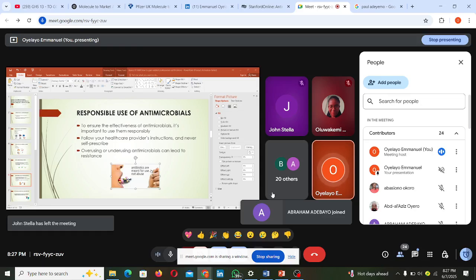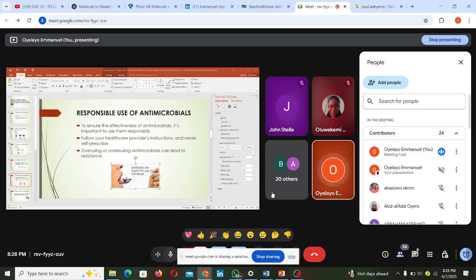How does resistance develop through that? You underuse the drug, you do not finish the dosage. So how do you expect it to completely kill that bacteria? It won't kill it because of what? The dosage of the antimicrobial that you ought to use to finish the bacteria, you just left the bacteria half dead.